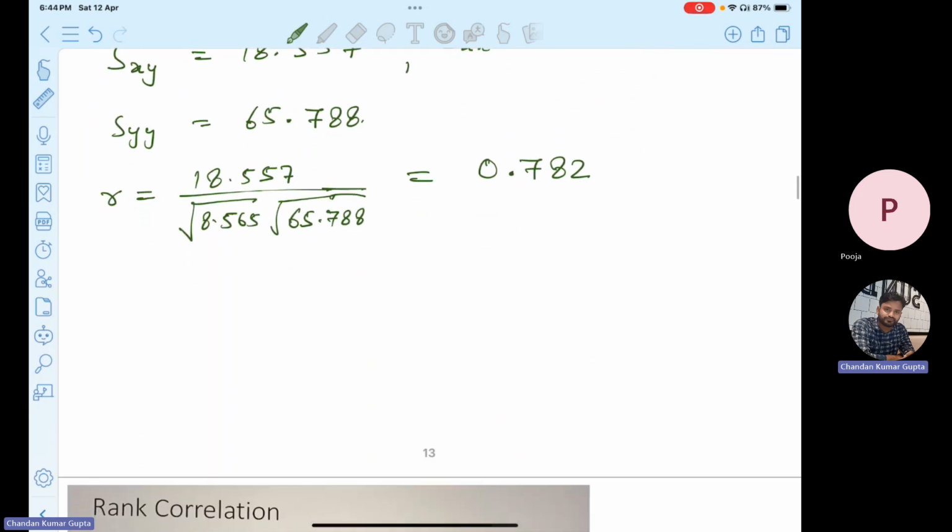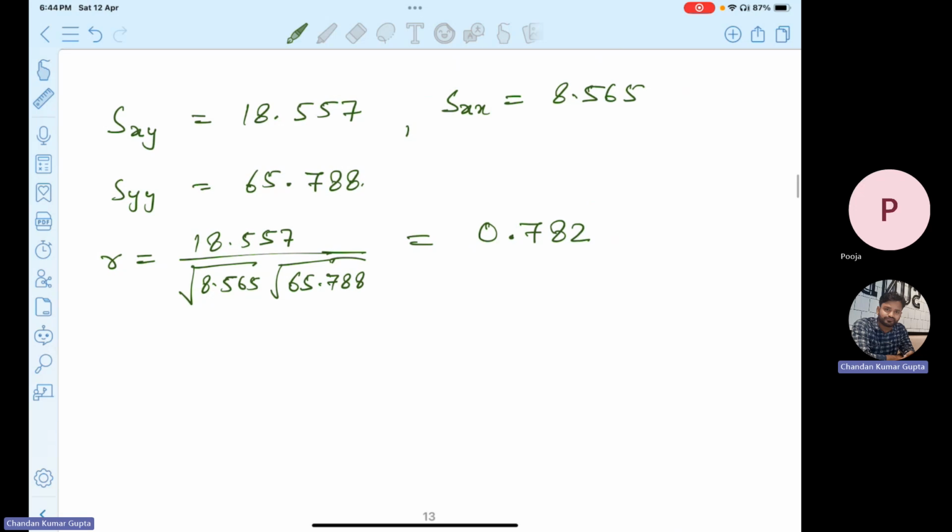So we need to first calculate the T statistic, the test statistic, which is R divided by SE, where SE equals the square root of (1 minus R square) divided by (N minus 2). Simplifying, it is R times the square root of N minus 2, upon the square root of 1 minus R square.